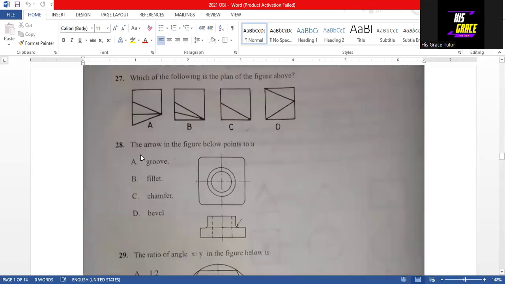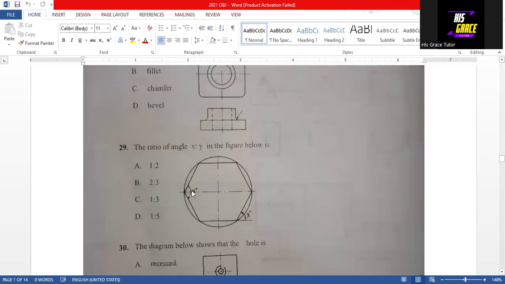And then question 28. The arrow in the figure below points to a fillet. That is option B is the answer to the question. So we are talking about this arrow. Then question 29, the ratio of angle X to Y in the figure below is 1:2.